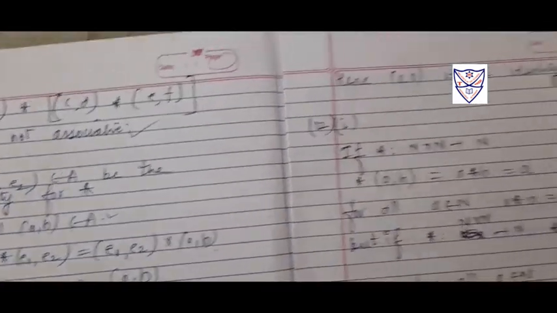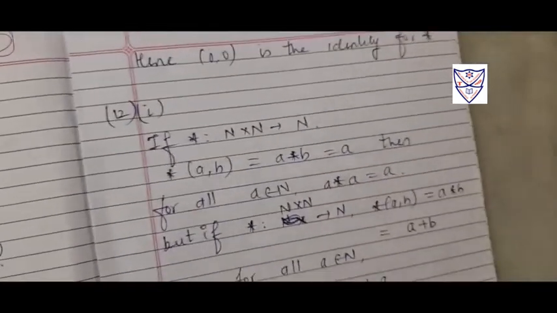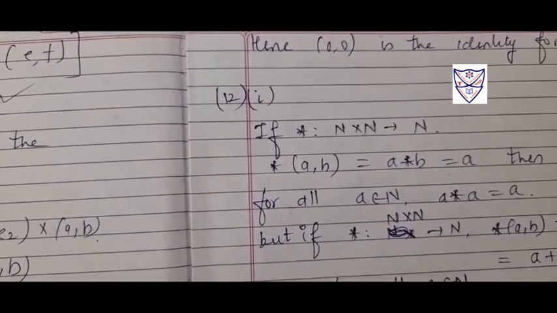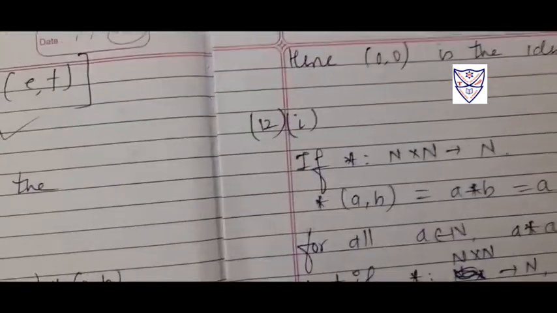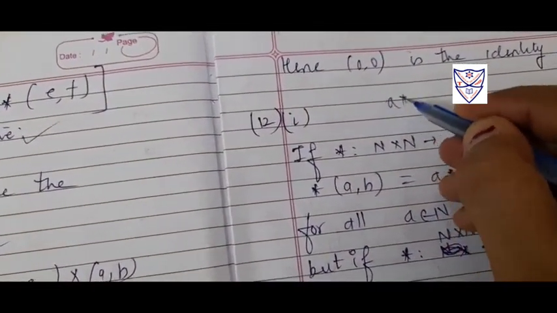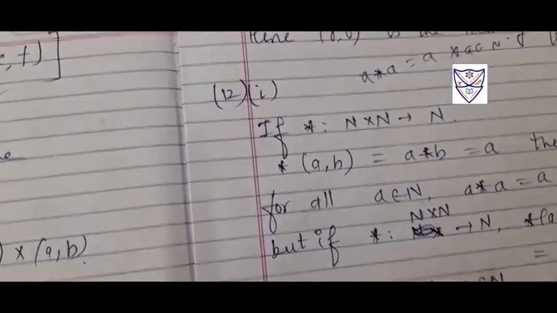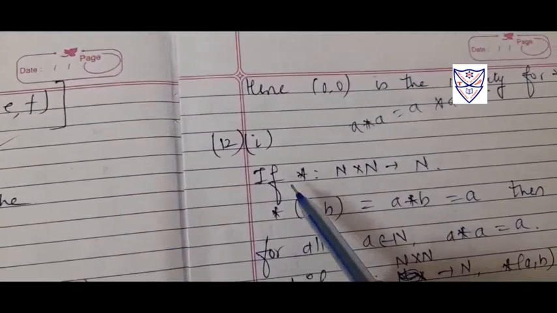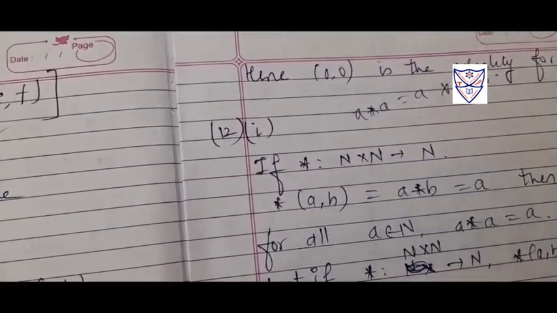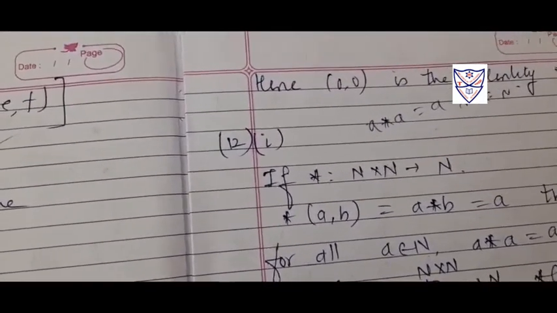Now comes question number 12. Question number 12 is, state whether the following statements are true or false. Justify. For an arbitrary binary operation star on a set A, a binary with a is a for all a belongs to N. So it is defined that binary from N cross N to N, it is defined as a binary with a is a.